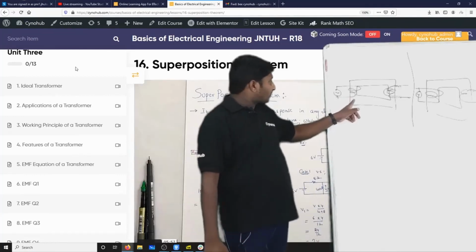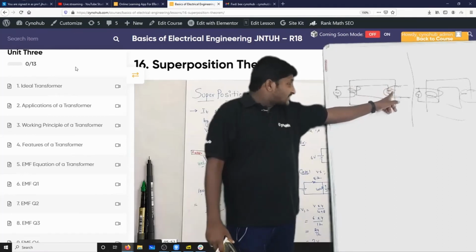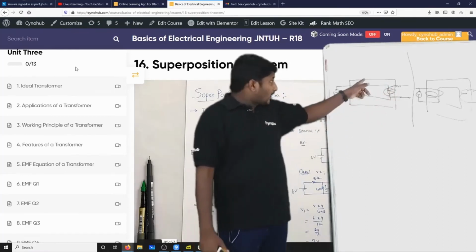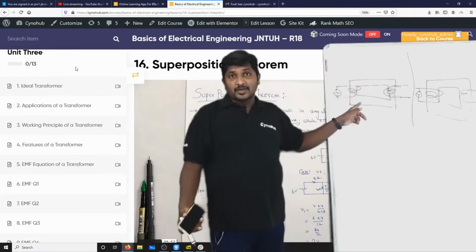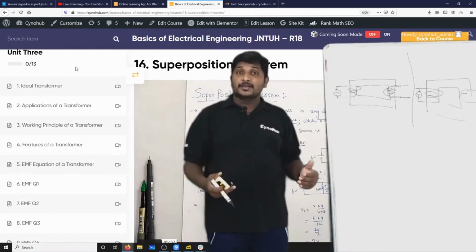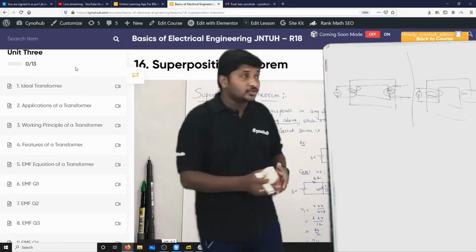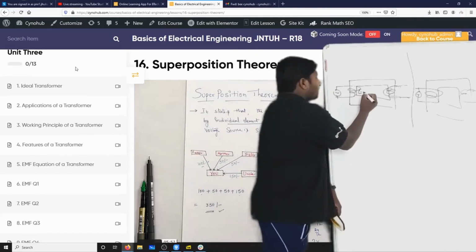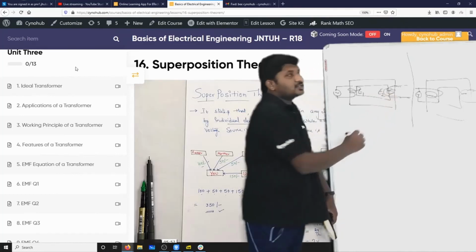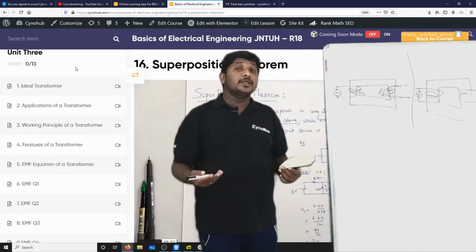That flux will move from primary winding to secondary winding and cuts the secondary winding and also the primary winding. According to Faraday's laws of electromagnetic induction, whenever a conductor cuts the magnetic flux, EMF will be induced. So here EMF is E1 and here EMF is E2. E1 is self-induced EMF. E2 is mutual induced EMF.